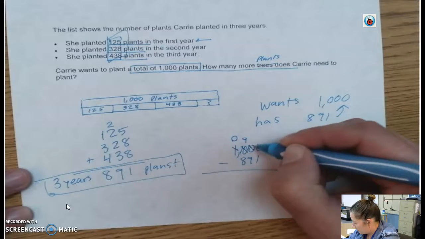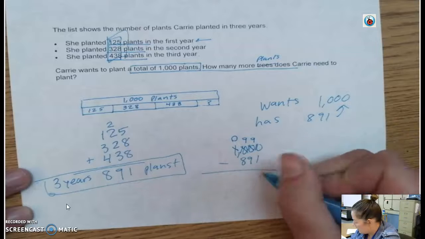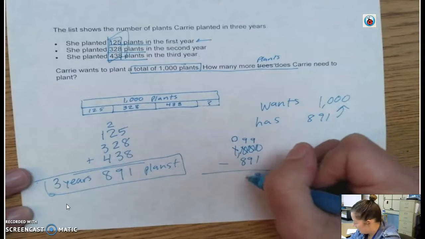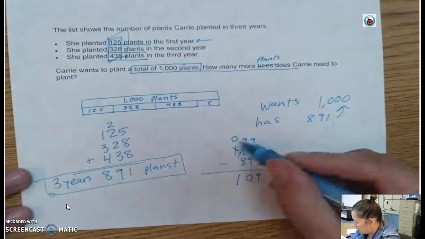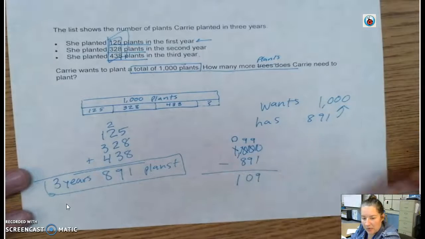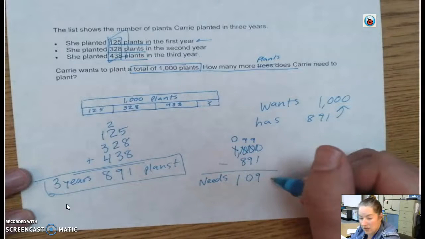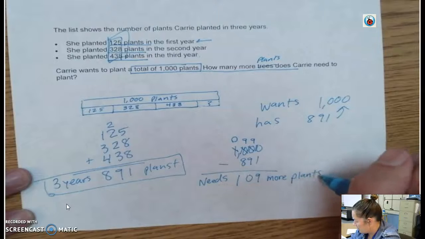And we are going to regroup all the way across to where I have 10 minus 1 is 9. 9 minus 9 is 0. 9 minus 8 is 1. 0 minus nothing is 0. So she needs 109 more plants. That's what I got.